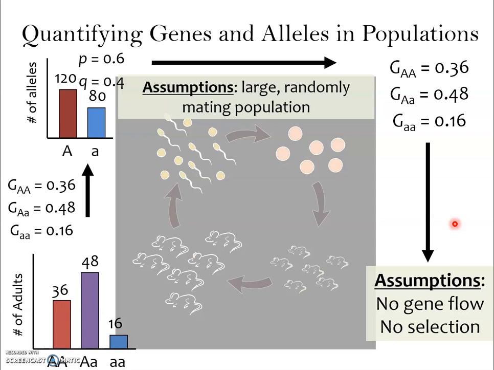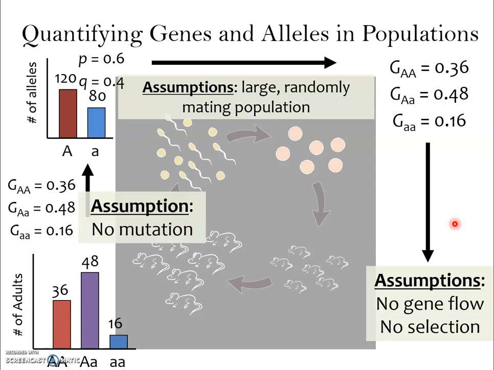We're assuming there's no selection that allows some individuals to grow up and others not to. As we go from individuals to gametes, we're assuming there's no mutation: big A's aren't turning into little a's, and little a's aren't turning into big A's, or we're not getting any additional alleles. We're also assuming no selection, that all individuals contribute equally to the gene pool. All of these assumptions need to be met for a population to be not evolving.